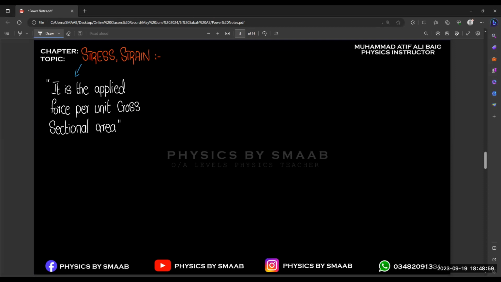So basically, when you apply some force on any specific cross-sectional area of any material, that will be known as the concept of stress, right? Or the tensile stress.